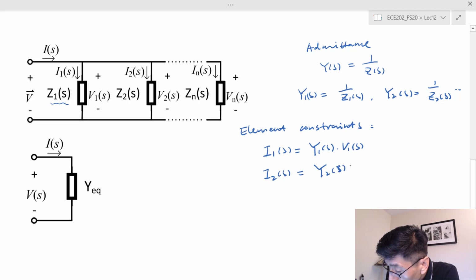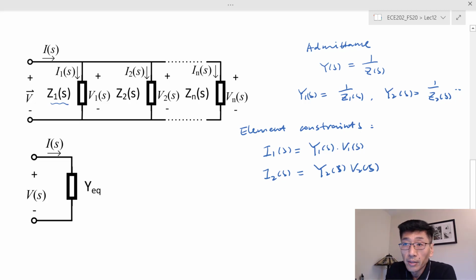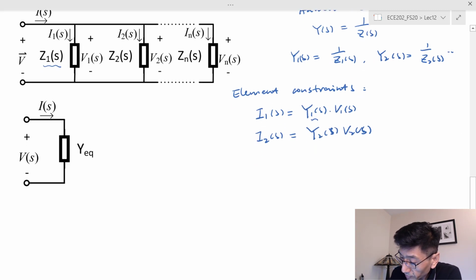And this is the same equation, although we're using the admittance, right? The same equation as V equals I times Z, because if you divide by Y sub 1 on both sides, 1 over Y sub 1 is Z sub 1.